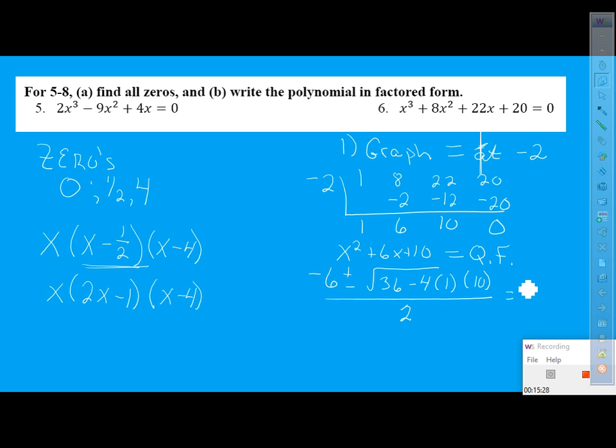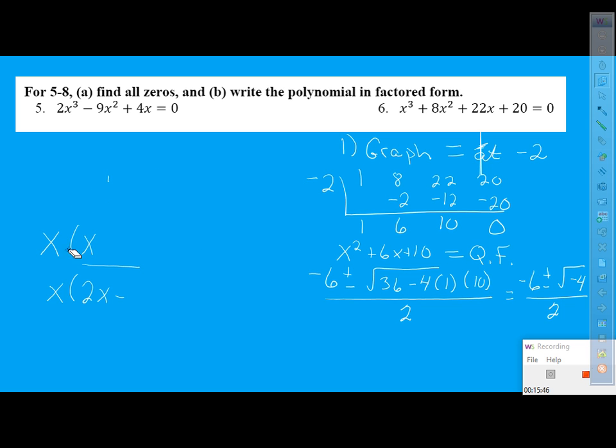So now I'm at negative 6 plus or minus the square root of, and I'm almost running out of room, negative 4, all over 2.